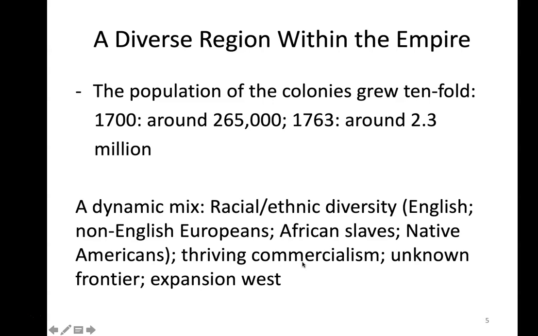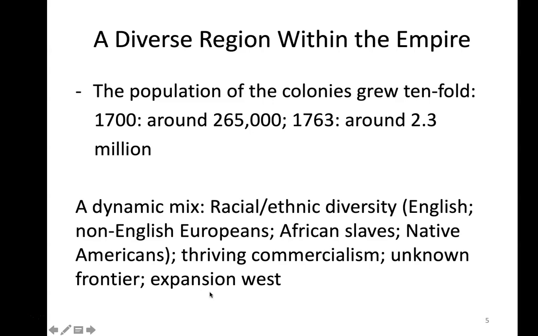In many ways, colonial cities in North America were much more successful than many areas of Europe. But you always had this unknown frontier lurking in the background. And regardless of that, you see this impulse among many colonials to move west.